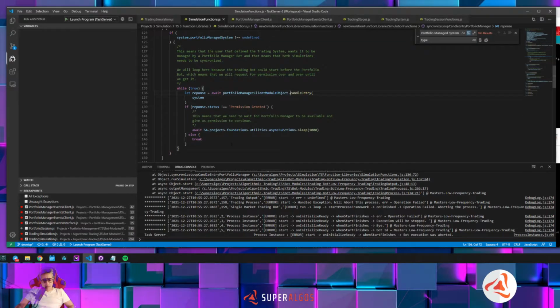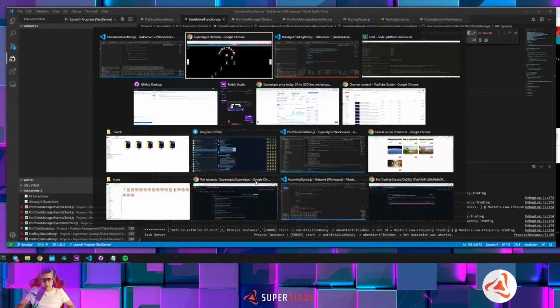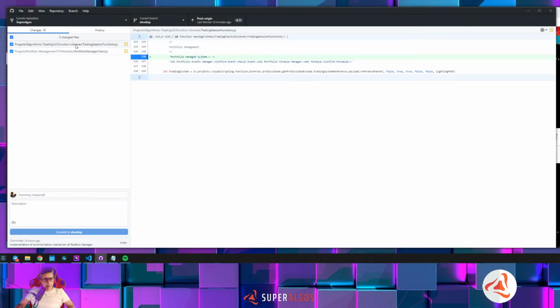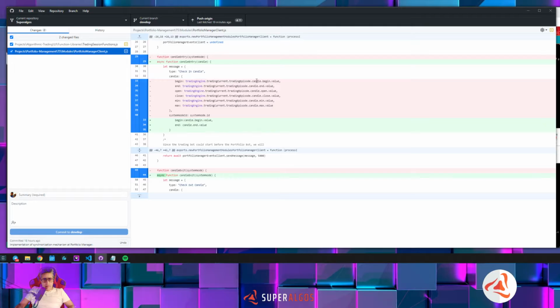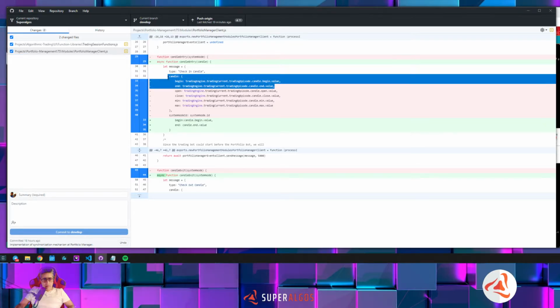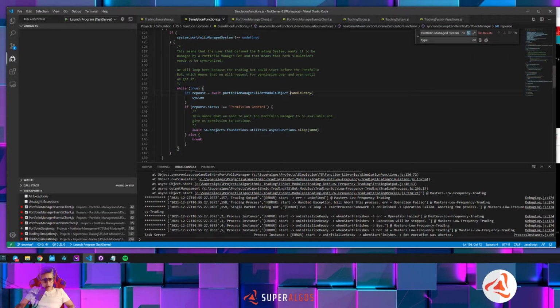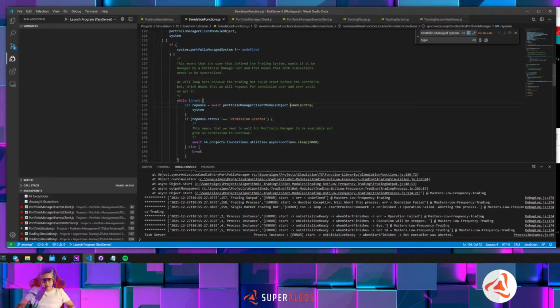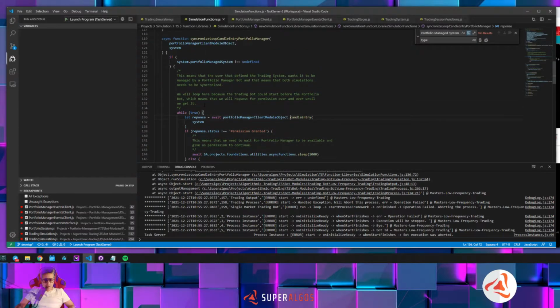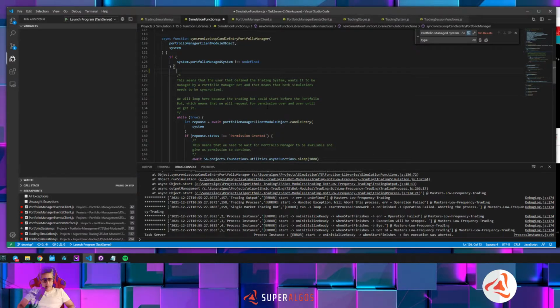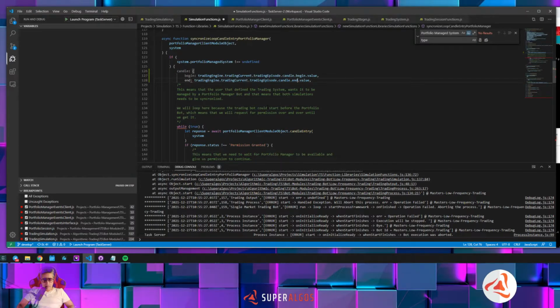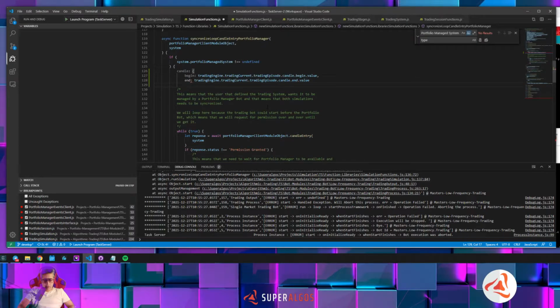So what I'm going to do at some point here, in the simulation function, we will do like this. We will create a normal candle object.